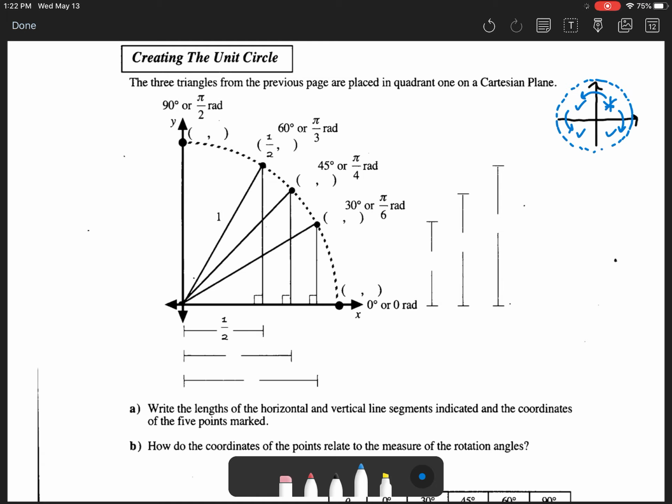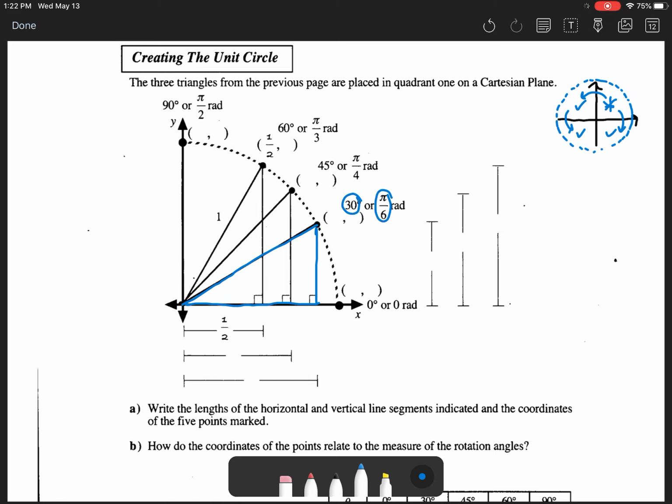So here's what happens. They've basically drawn here, and it looks a little confusing, but they've drawn 3 triangles. So they have this triangle here, which I'm outlining in blue, and that would be when I have a reference angle of 30 degrees, or pi over 6.